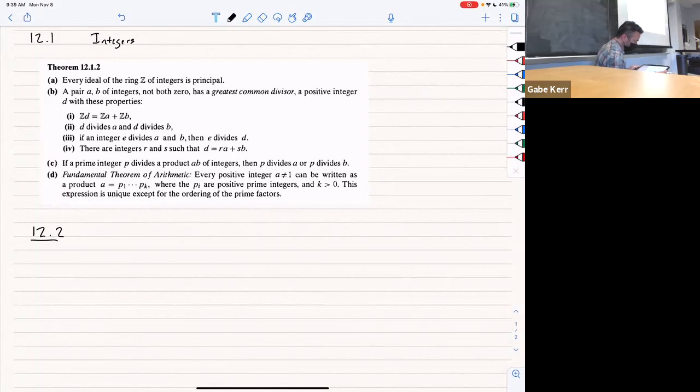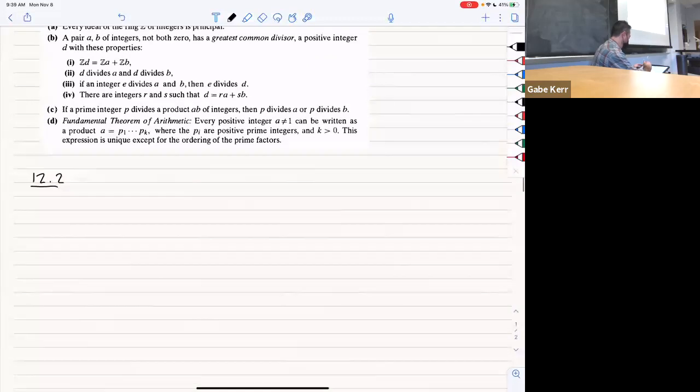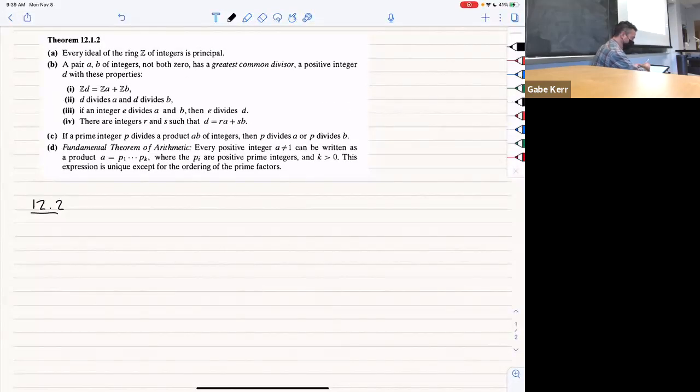So if we're dealing with a commutative ring, we may want to know how to abstract a lot of these notions to a general commutative ring. Replace integers by ring R. So we're going to need some vocabulary for that, R being a commutative ring.